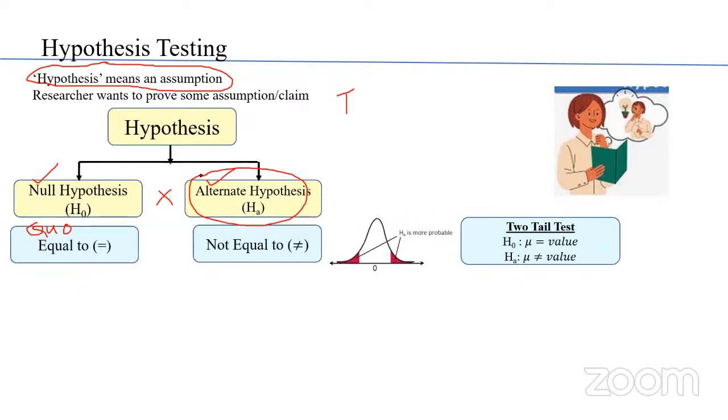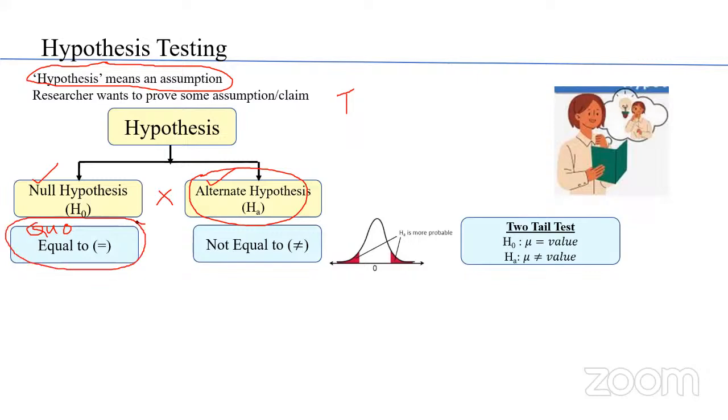Basically there are two types of tail tests: one is the two tail test and the second one is the one tail test. In one tail test we'll have left tail as well as right tail test. Coming to the two tail test, usually the null hypothesis will have an equal to sign.